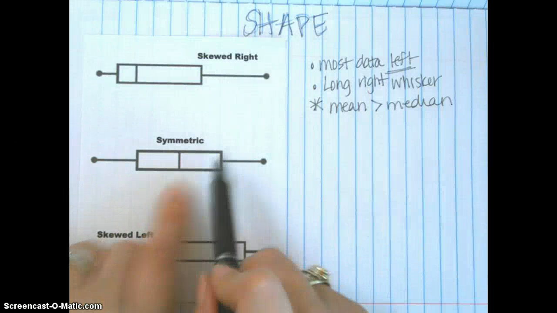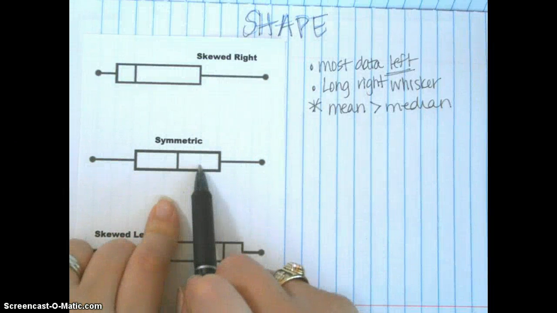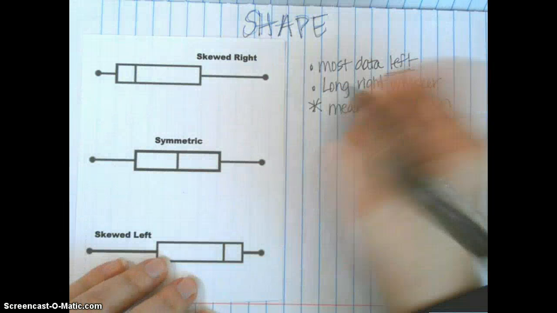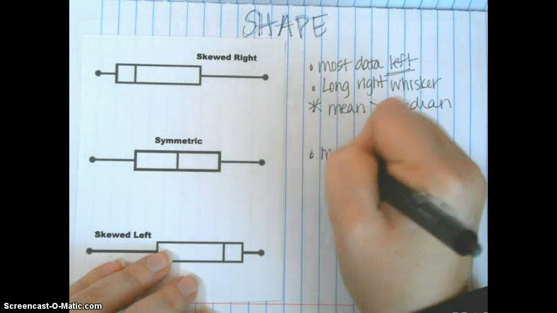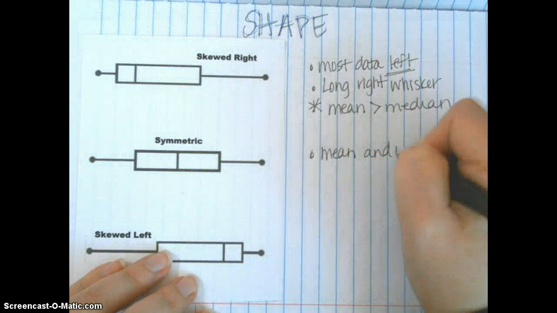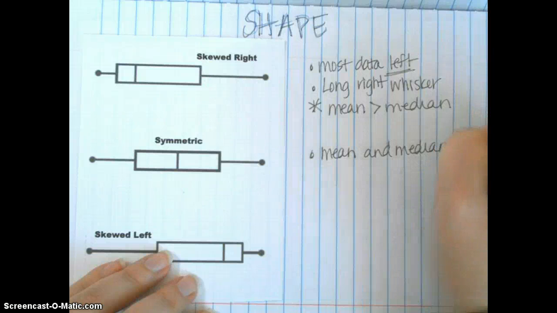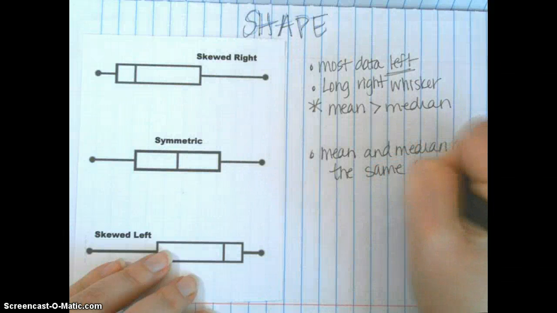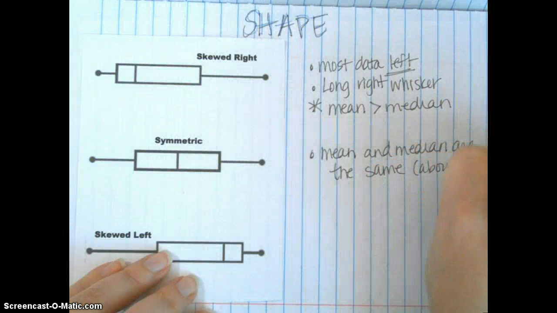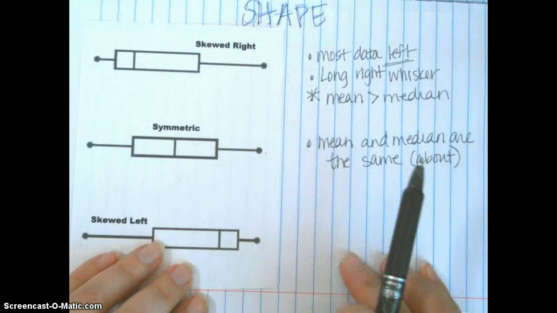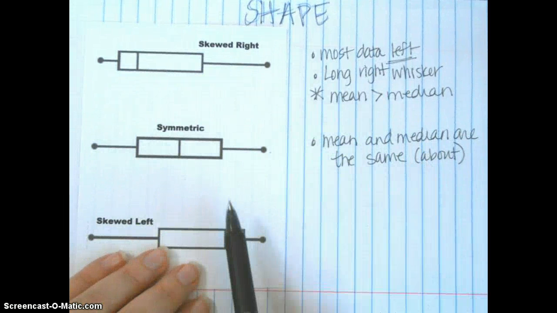Symmetrical, that's a word that you learned a long time ago, means they're basically the same. The mean and the median are the same, or about. It looks symmetrical. The sides look very similar. And then the last one is if it's skewed to the left.